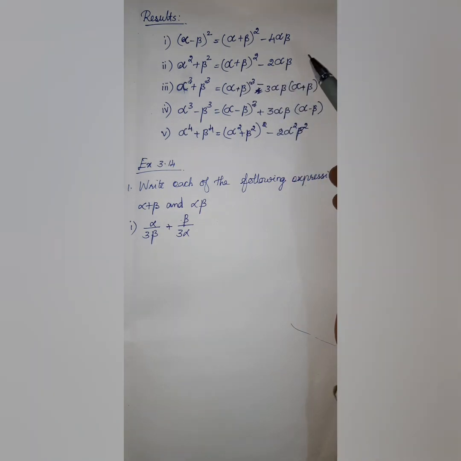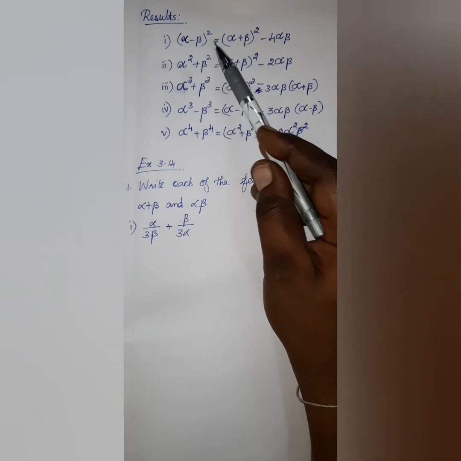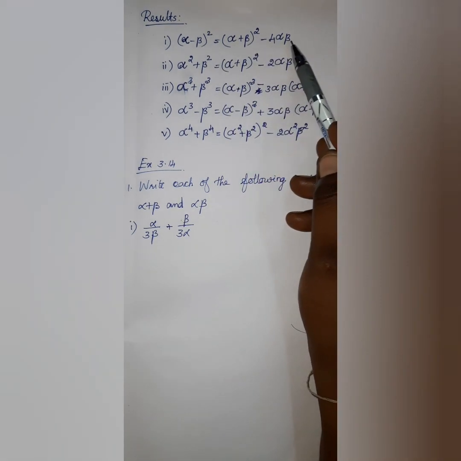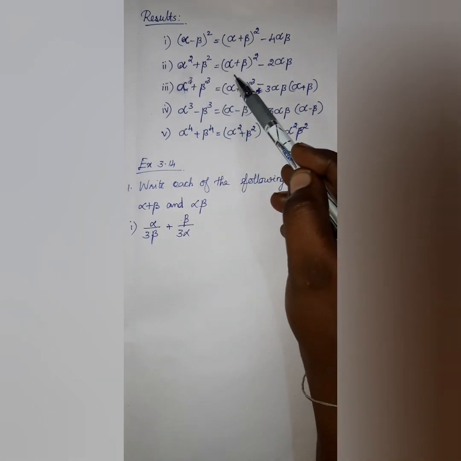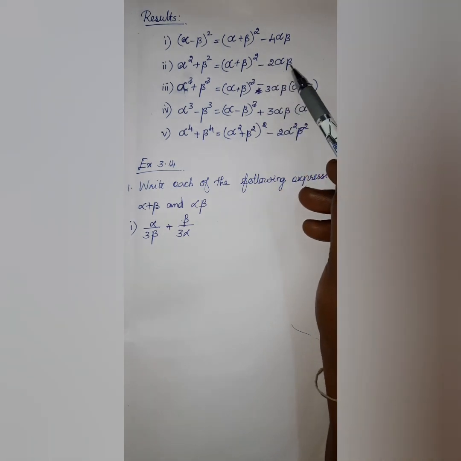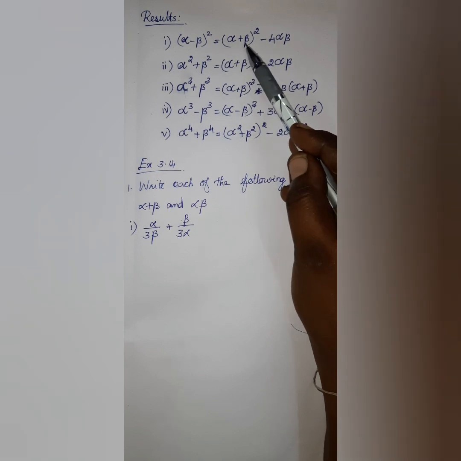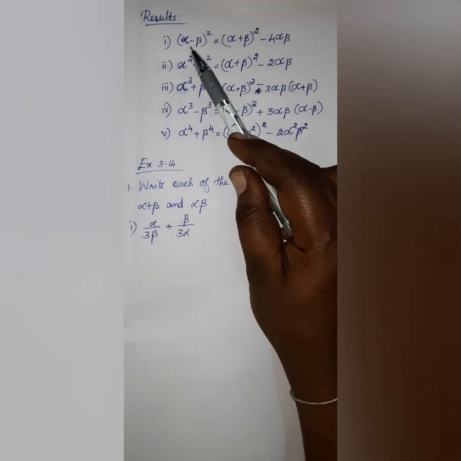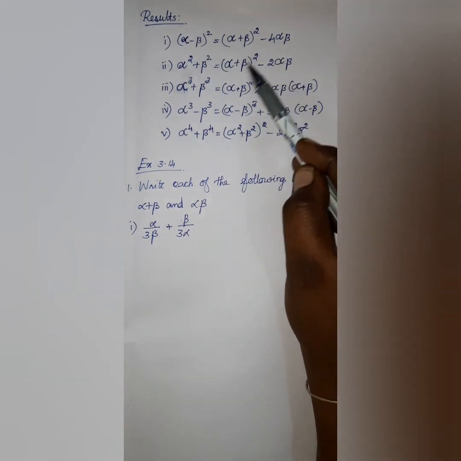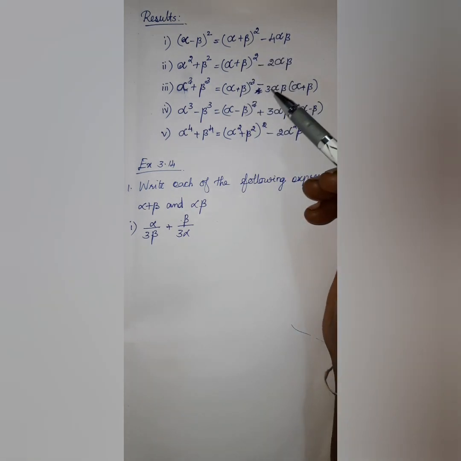First one: alpha minus beta the whole square is equal to alpha plus beta the whole square minus 4 alpha beta. Second one: alpha square plus beta square equals alpha plus beta the whole square minus 2 alpha beta. These two identities we deduced from alpha plus beta the whole square.